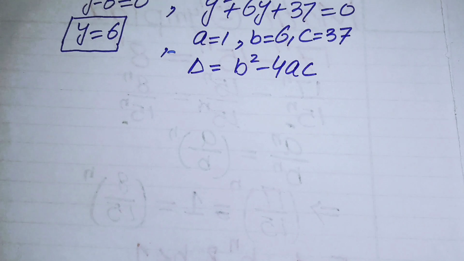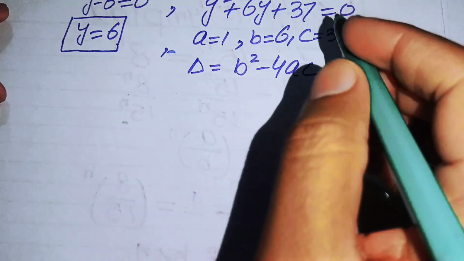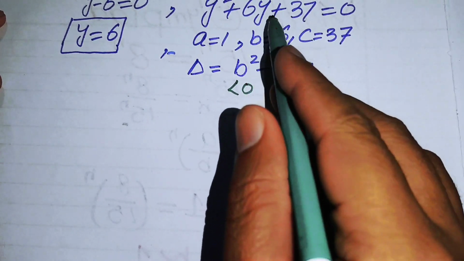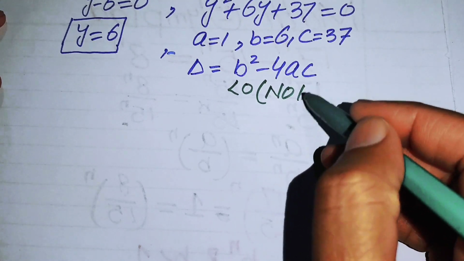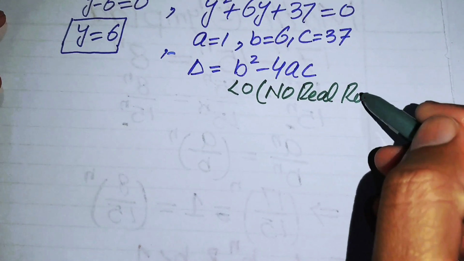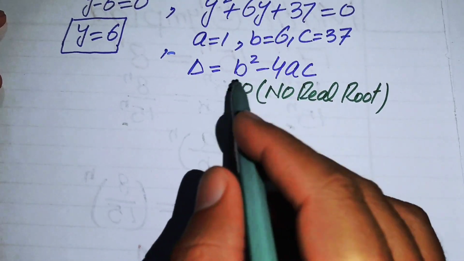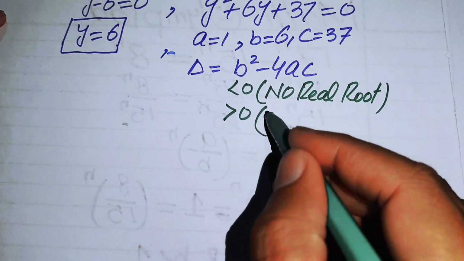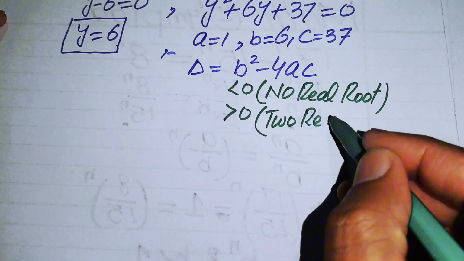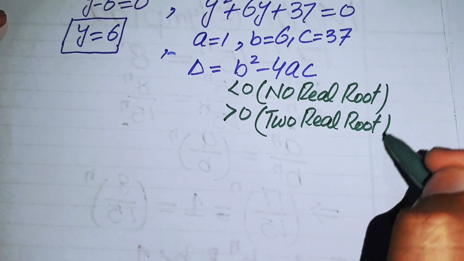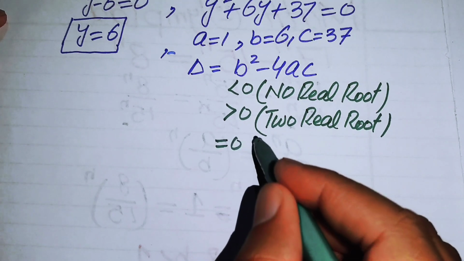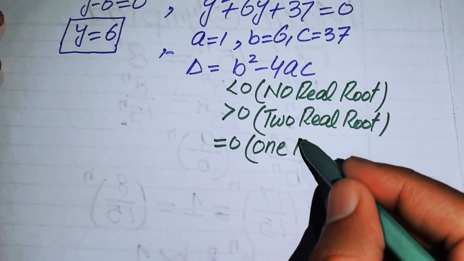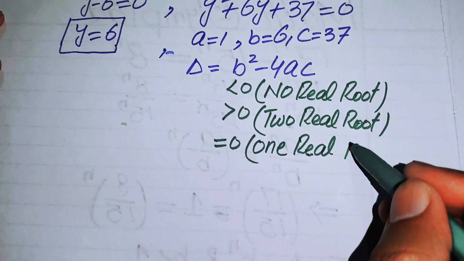Now I can explain this discriminant formula a little bit: if the value of delta is less than 0, then this quadratic equation has no real root. Similarly, if delta is greater than 0, then it has two real roots. And if the value of delta equals 0, then this quadratic equation has only one real root.